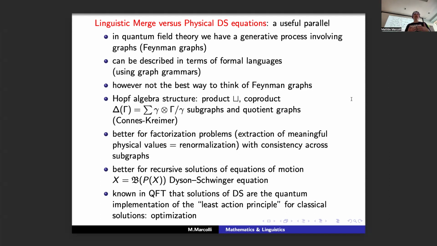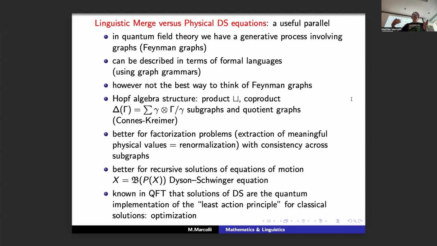And the idea is that the way one describes this consistent extraction of finite values in renormalization is as a form of factorization for characters of the Hopf algebra, where you introduce a factorization of characters so that one side of the factorization will give you the actual meaningful values where the divergences no longer occur, and the other side extracts the divergences that you want to remove, and in particular, it produces what physicists call the counterterms.